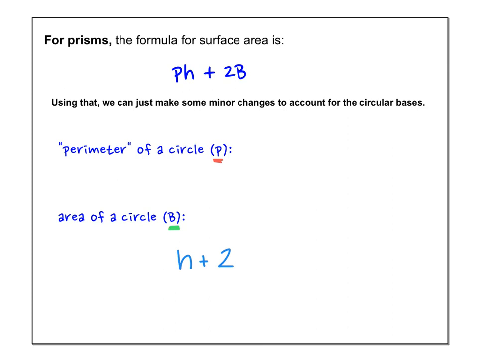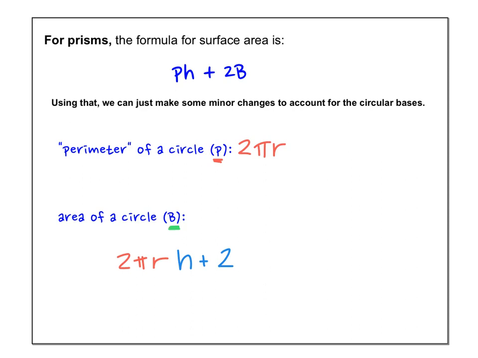The first thing we're going to change is P. Instead of the perimeter of your base, we need the perimeter of a circle, which we call circumference. So instead of P, I'm going to substitute in the formula for circumference, 2 pi r. So instead of Ph, I'm going to do 2 pi r times the height of my cylinder.